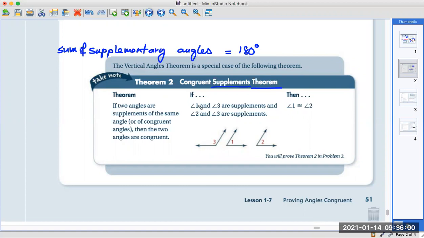Supplementary angles. Yeah, so let's look. If two angles are supplements, which means their sum is 180 of the same angle, then the two angles are congruent. It kind of uses transitivity here.